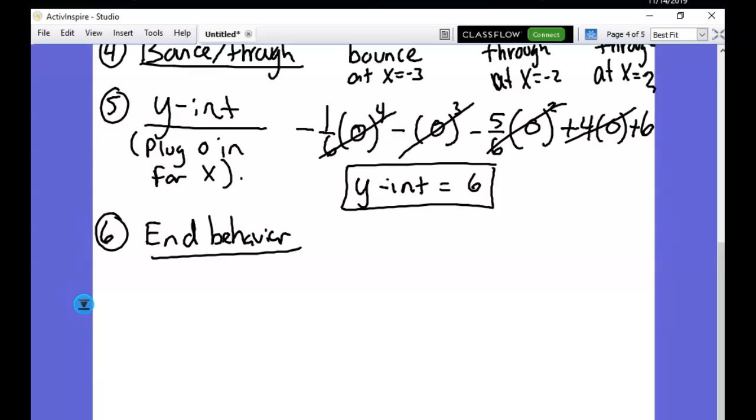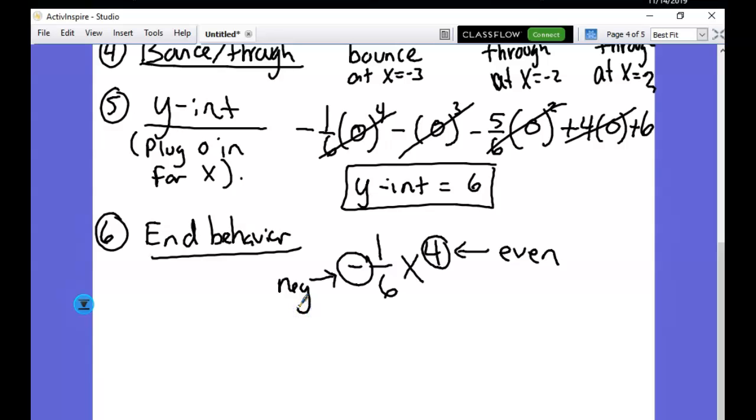Now, when you're trying to find end behavior, which term do you look at? The first term, or probably a better way of saying it is the one with the biggest power. Is this my first term? Okay, so notice that the power is even, and my coefficient is negative.